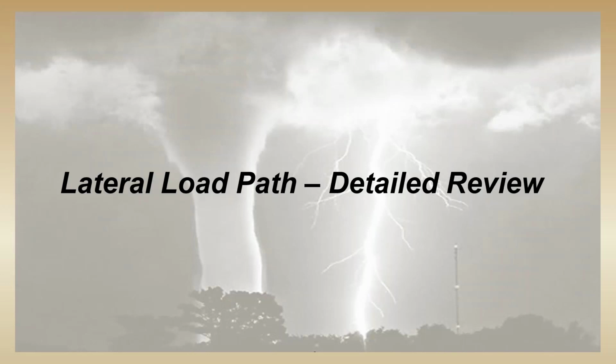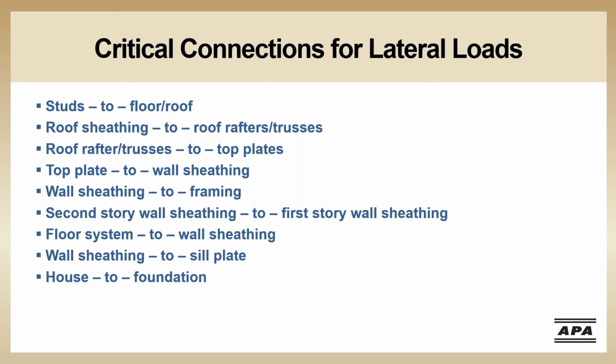We are now ready to go back through the lateral load path and look at exactly how a wind load moves through the members and connections on its way to the foundation. This is a list of the details we will be discussing for a typical 2-story house. Each one is a critical connection in the lateral load path.